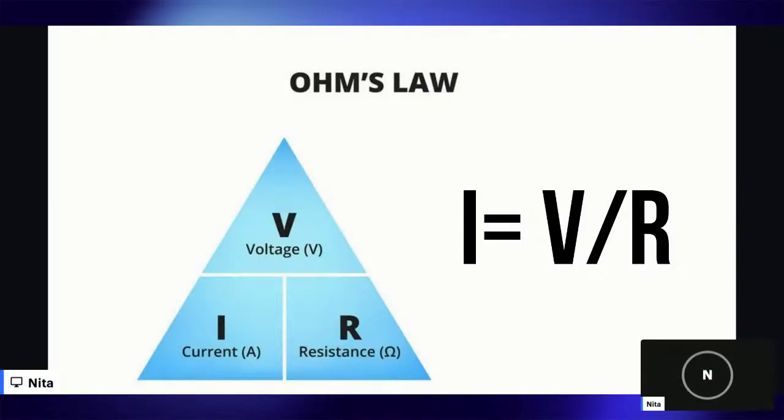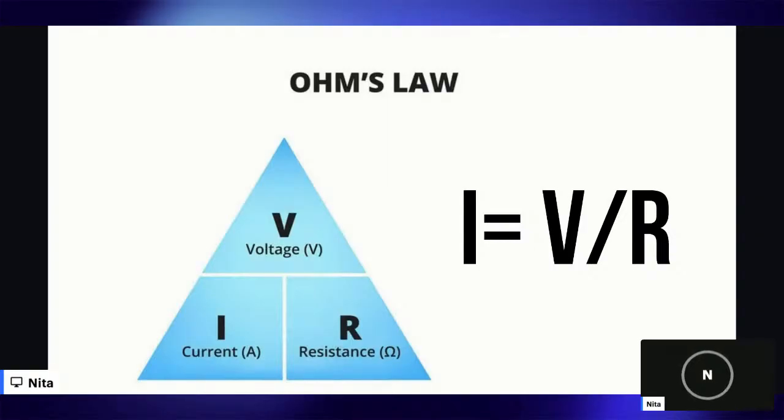The electrical force that's driving the flow of our current. So it is the push that makes our electrons move. What does current represent? The flow. The electrons. Correct. So it is the actual movement of the electrons through the conductor. And then resistance, again, is the opposition to the flow of current.